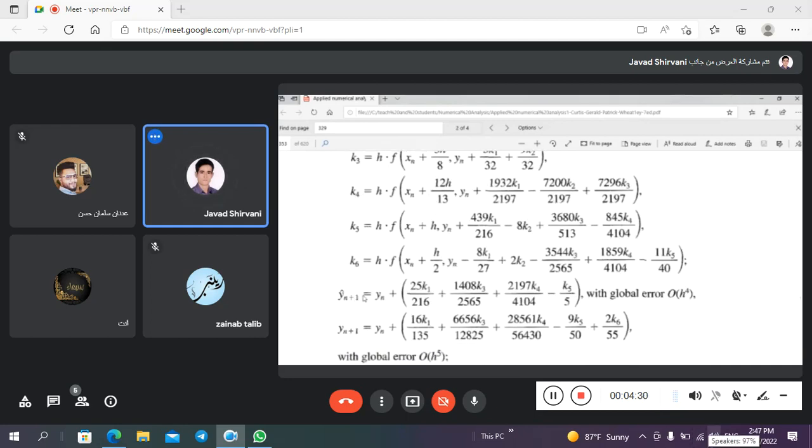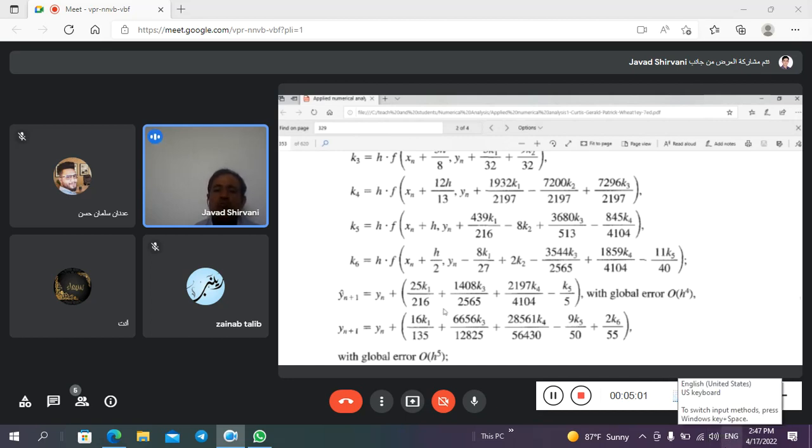we have y hat n plus 1, which is another Runge-Kutta method with error O(h^4), and yn plus 1 as the Runge-Kutta-Fehlberg method. You can see here these two different methods of evaluating the solution of the differential equation.